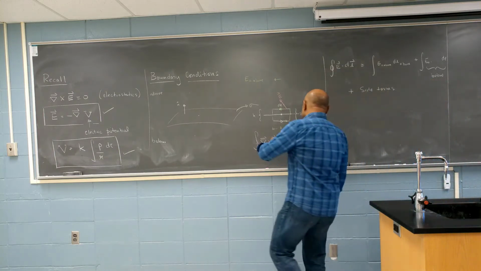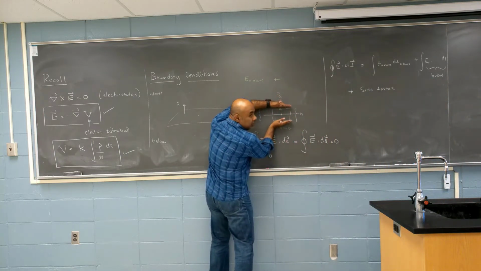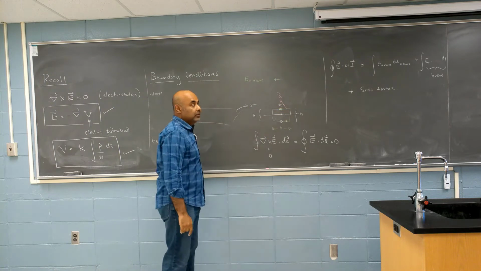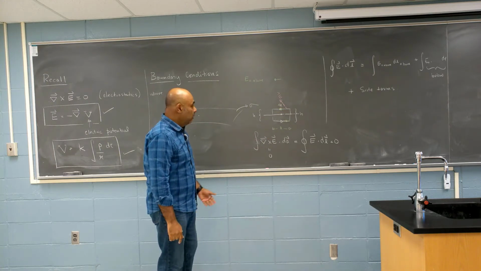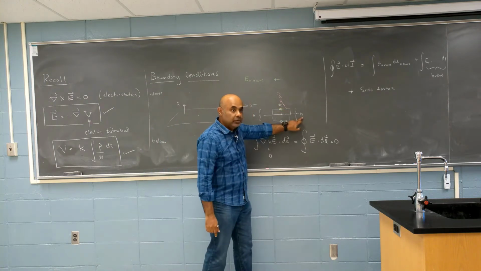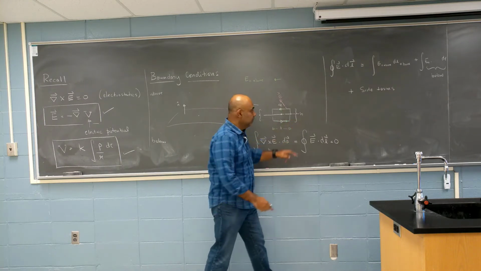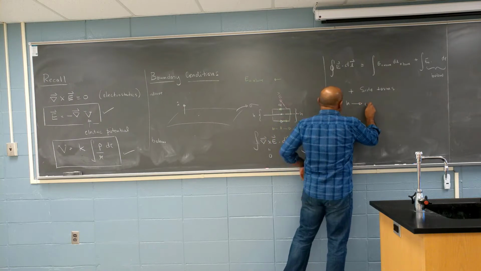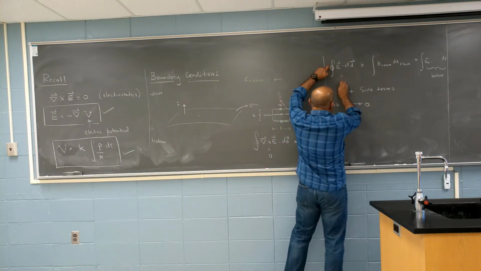What I want to do is take the limit as these two loops coincide with the surface. How do I do that? I simply let h go to 0. First of all, this is 0, by the way.